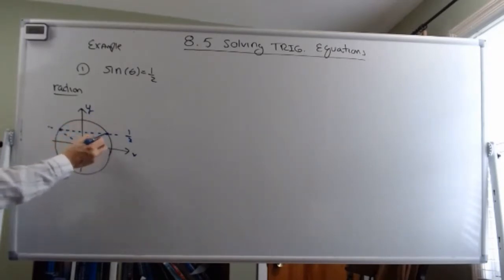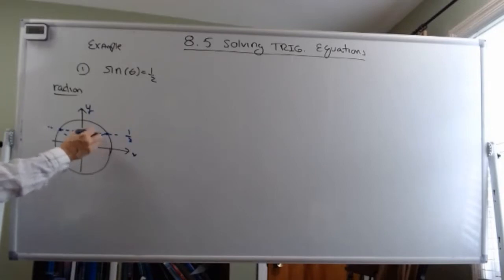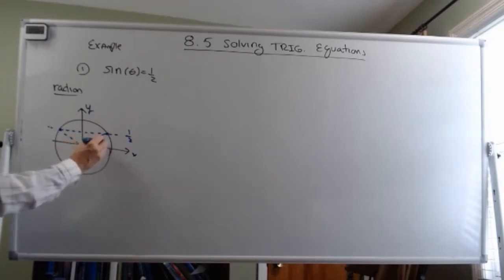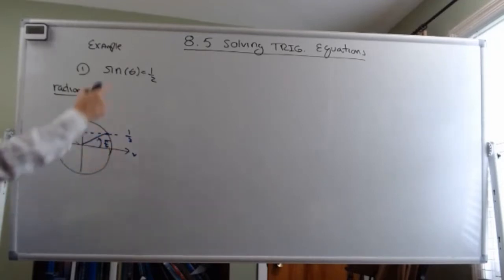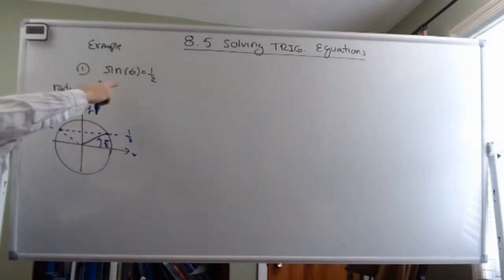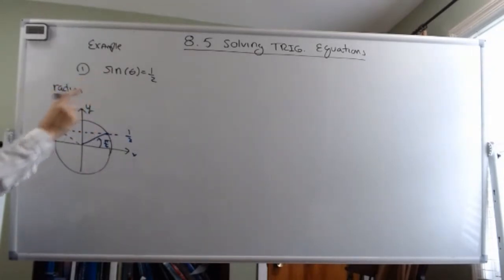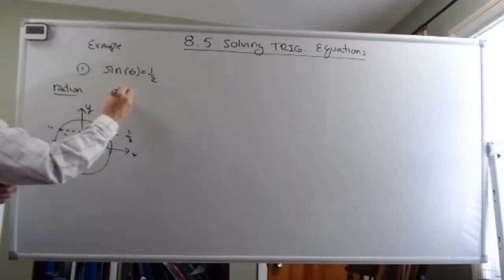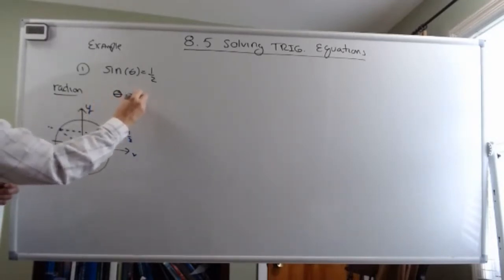So this angle over here, you may not realize this is pi over 6 or 30 degrees. So this first angle over here is pi over 6, which is 30 degrees. So one solution. Since I didn't give you any information, there's no restrictions. I'm looking for all the solutions. What I have is that theta is equal to pi over 6.